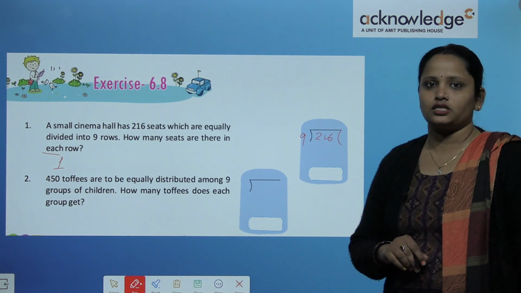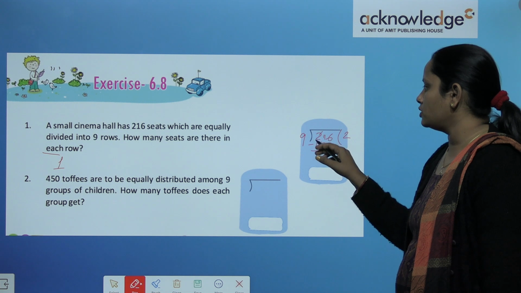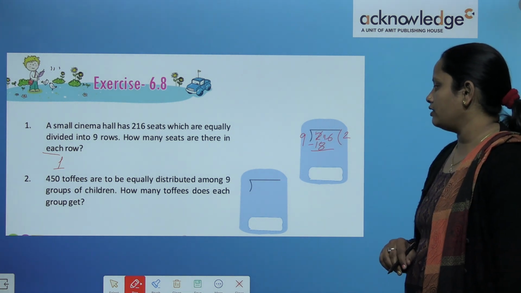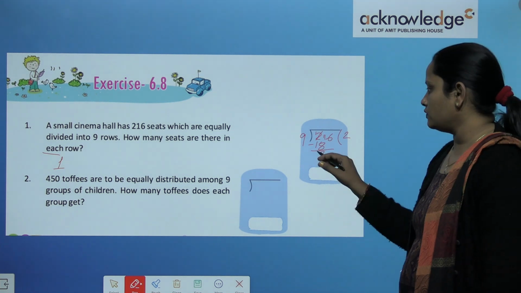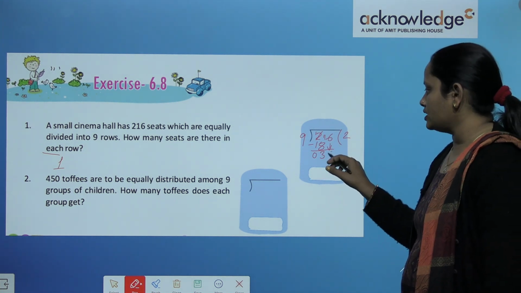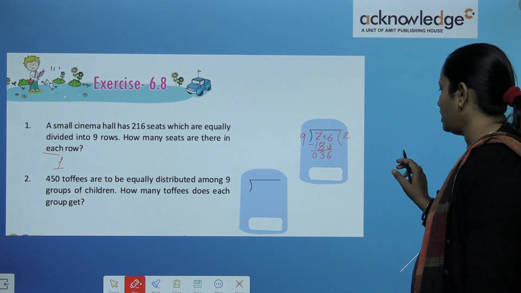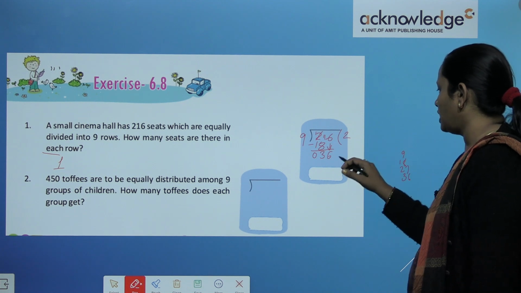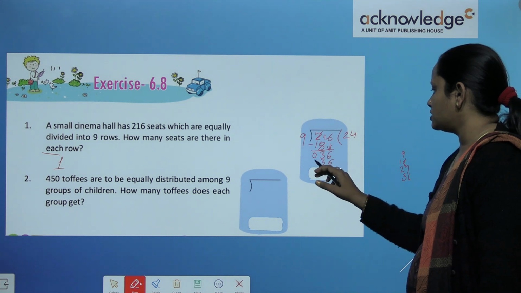9 ones are 9, 9 twos are 18. So 18 will come here. Now let's subtract these numbers from these two numbers. So 21 minus 18 will be 3. And here it will be 0. Now अब 3 की हेल्प के लिए आएगा 6. अब 9 की टेबल में हम देखेंगे क्या 36 आता है? So yes, 9 की टेबल में आता है 36. कितने टाइम्स आता है? 4 टाइम्स. तो 4 टाइम्स 36.